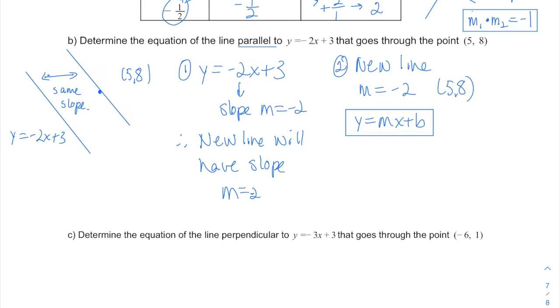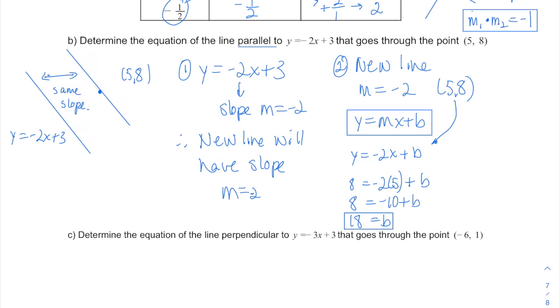Let's use y equals mx plus b. So I'm first going to sub in -2, and then I'm going to sub in 5, 8. And I figured out that b is 18. So my final answer to this question is y equals -2x plus 18. That's my final answer.